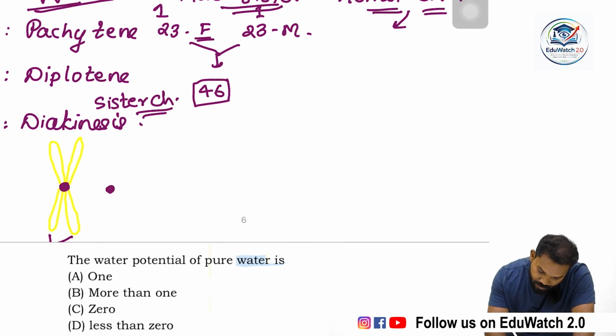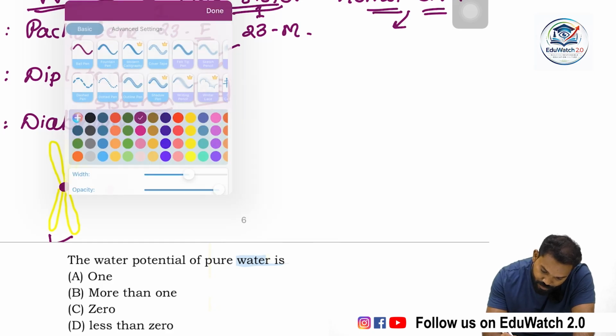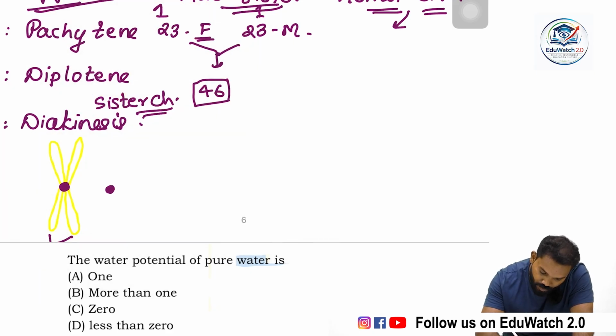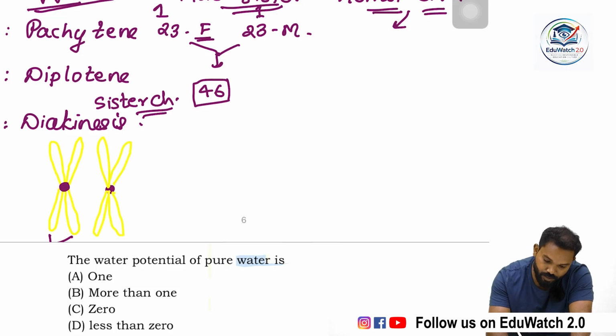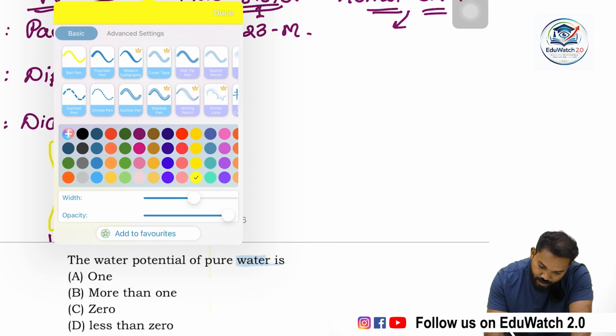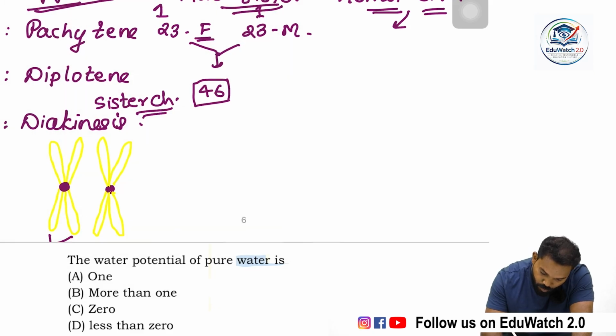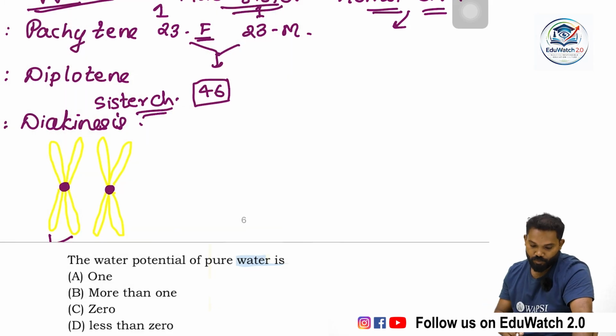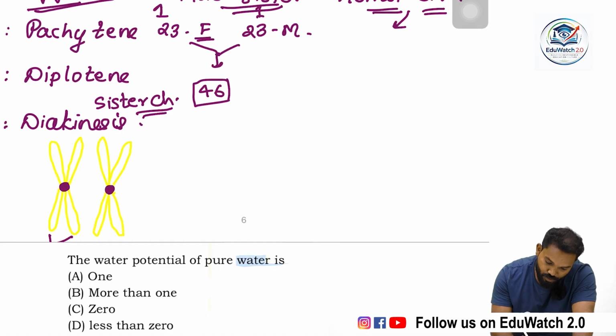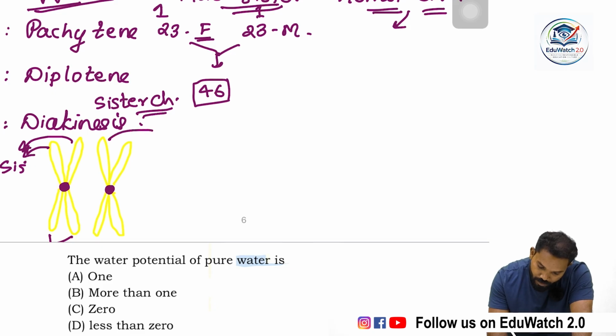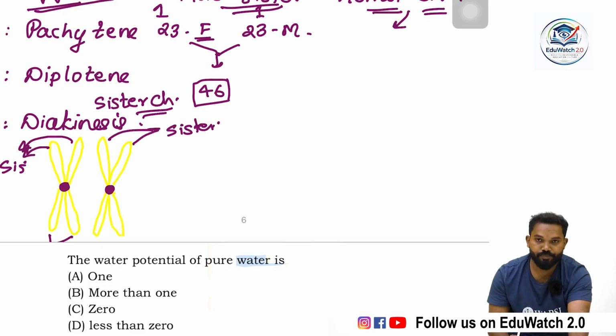Here there is a homologous chromosome pair. The first one is the chromosome derived from the father, and this one is derived from the mother. These are homologous chromosomes. The two chromatids of this chromosome are sister chromatids. Similarly, these two are also sister chromatids.